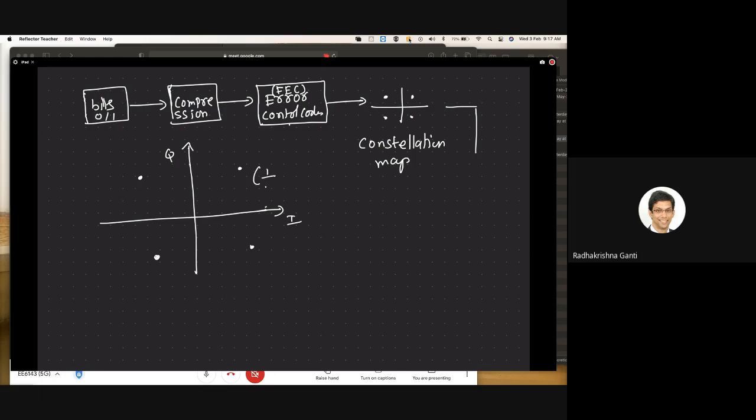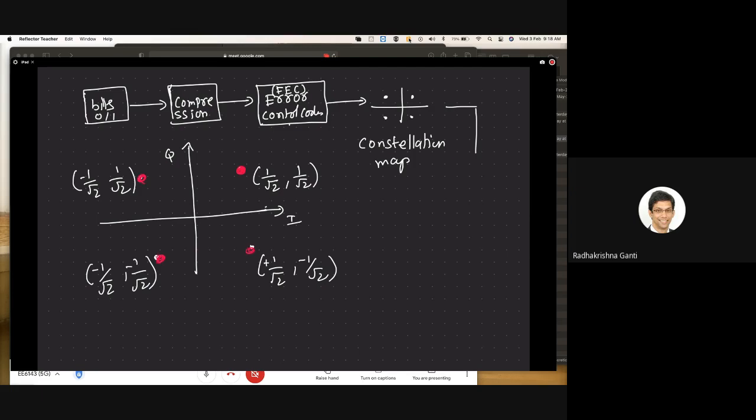These points generally are plus 1 by square root 2, plus 1 by square root 2, and so on, with plus or minus 1 by square root 2 in each coordinate. The reason I'm putting 1 by square root 2 is that the energy in this constellation is 1. These are the 4 points in the constellation.